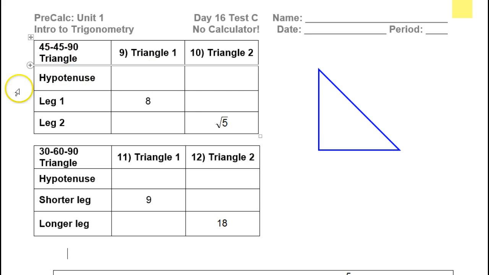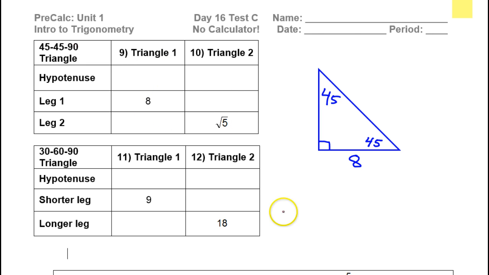For problem number 9, we're dealing with a 45, 45, 90 triangle. So just draw yourself a little picture to help focus your brain. In this first problem, we're given one of the two legs, and we're supposed to find the other leg and the hypotenuse.